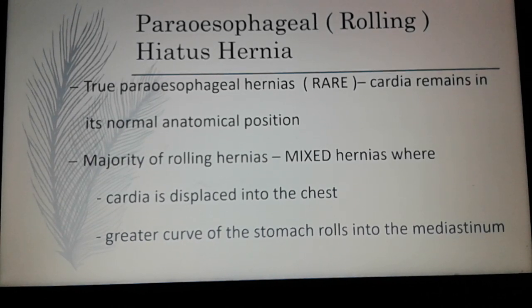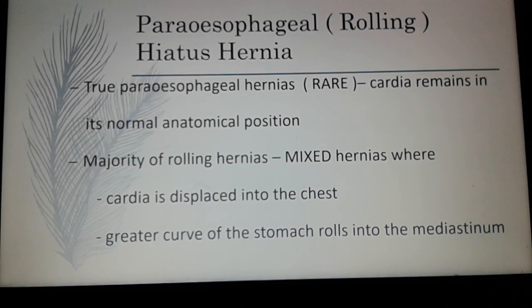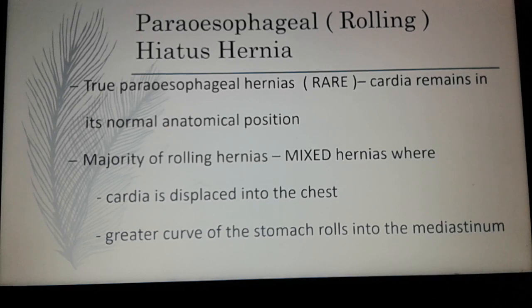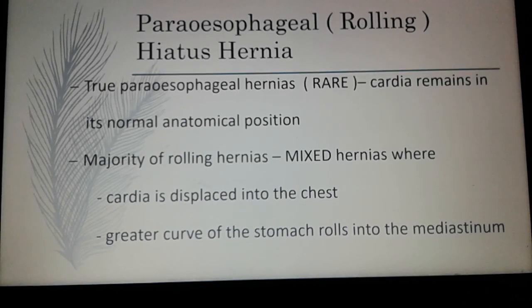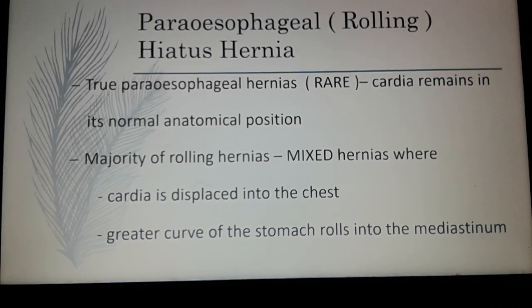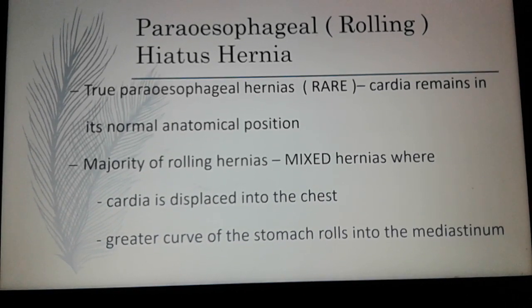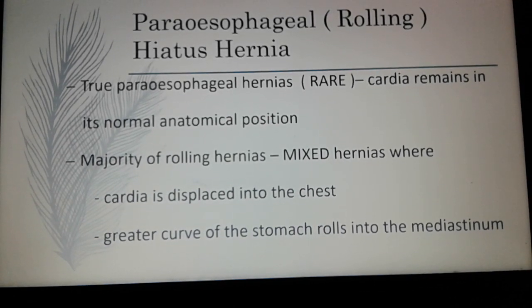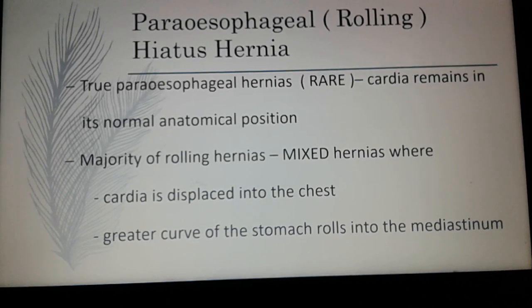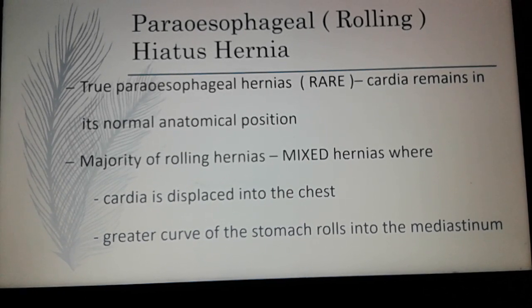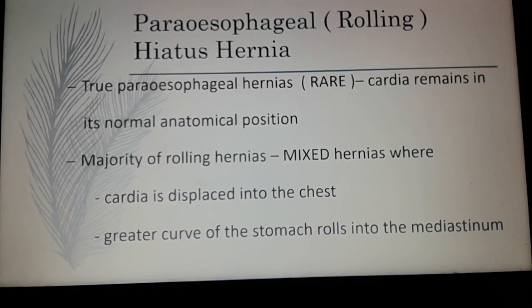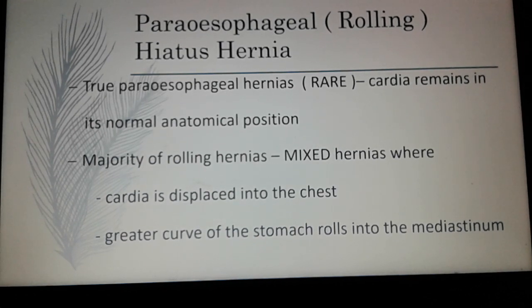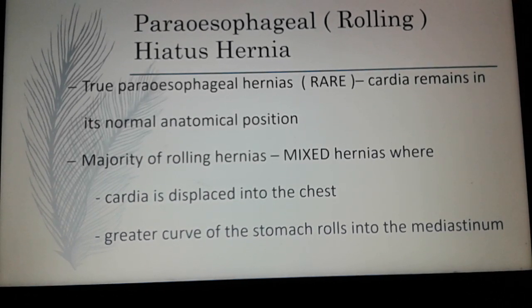It doesn't go inside the thoracic cavity. That's why it is also known as paraesophageal. Just by the side of the esophagus, it is entering the thoracic cavity. And the true variety is very rare, where the cardia remains in its normal position.